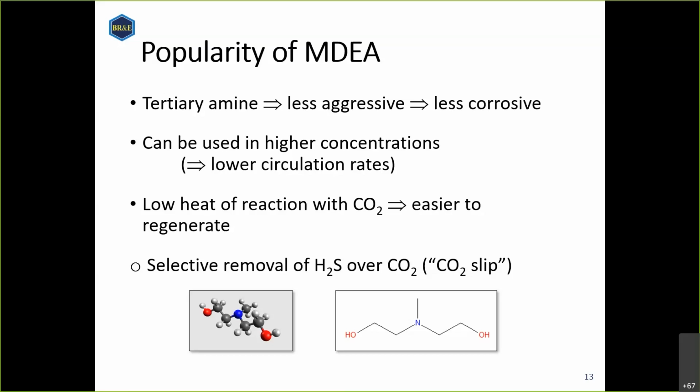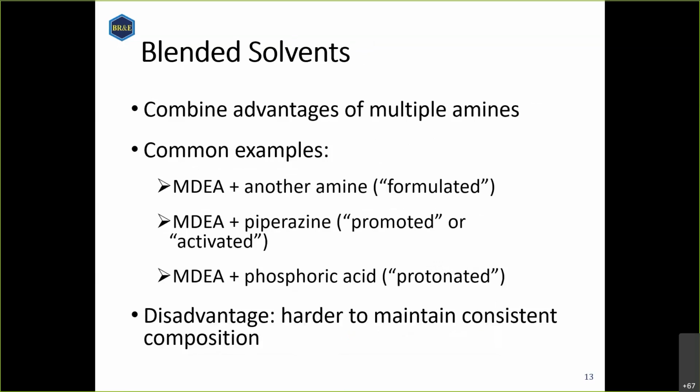Now, we can overcome that problem by using a blended solvent. You can mix multiple amines together and get some of the best properties of each. You can take MDEA, for instance, and mix it with another amine that's perhaps a little bit more aggressive. You'll keep most of the benefits of MDEA, but you'll also get the benefits of whatever you've added in.